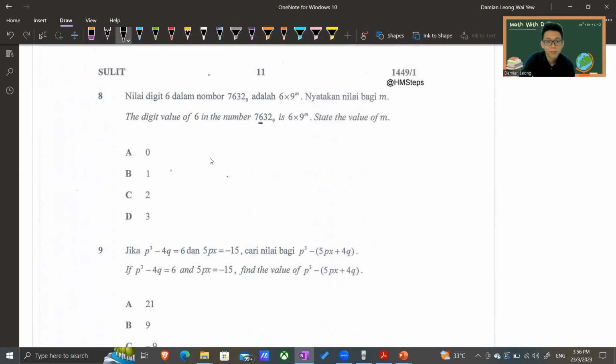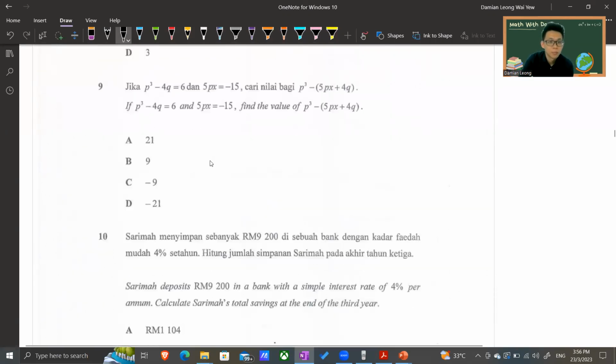The place values will follow power 0, power 1, power 2, power 3 like that. So this is power 2, which means it's 6 times the base to the power of 2. So the m value is 2. Answer C. Okay, that's question 8.